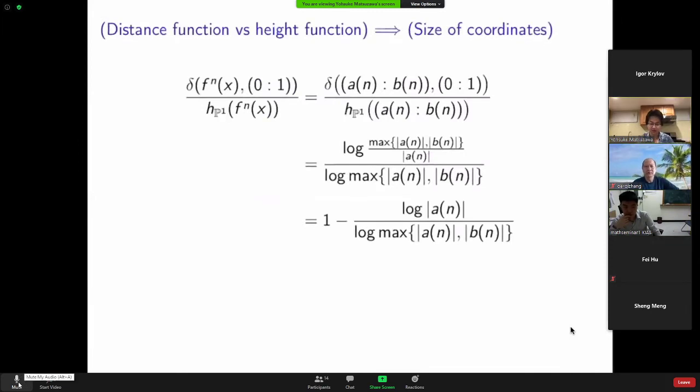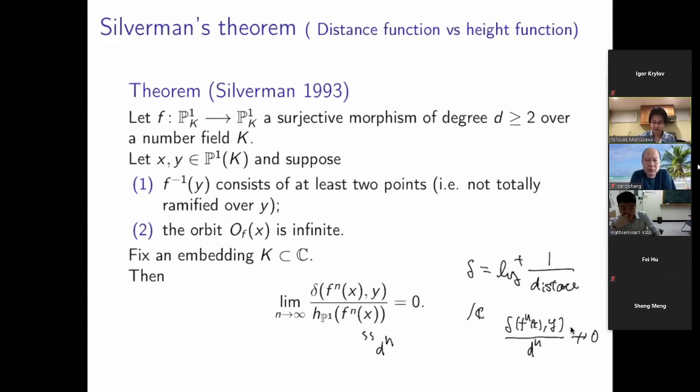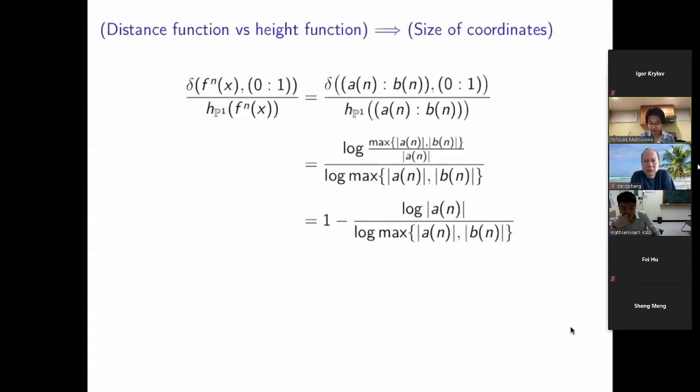So this is a theorem by Silverman which involves height functions, and let me briefly sketch why this kind of height estimate implies the size of coordinates, or such an arithmetic thing. Just a sketch. So let's consider this ratio. This is a distance divided by the ample height function.